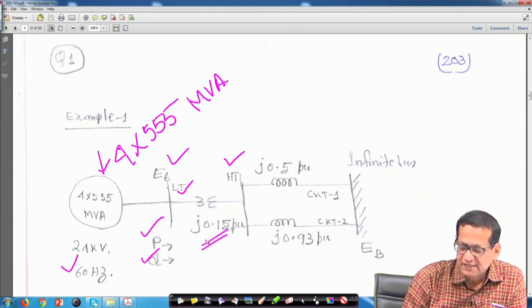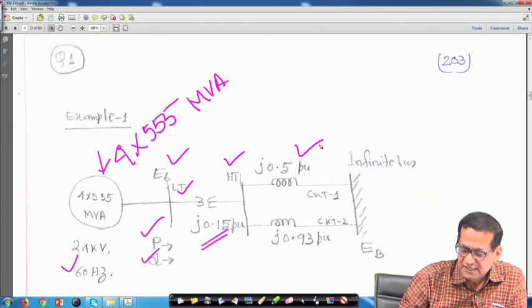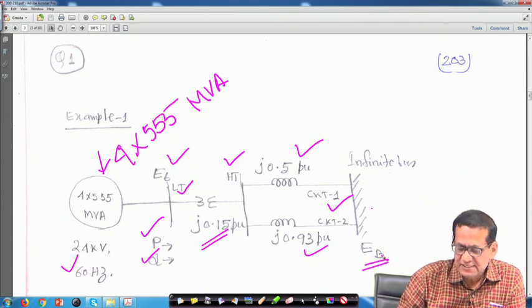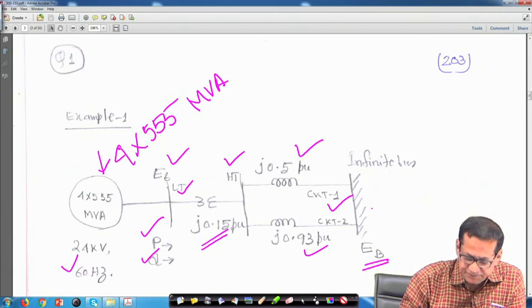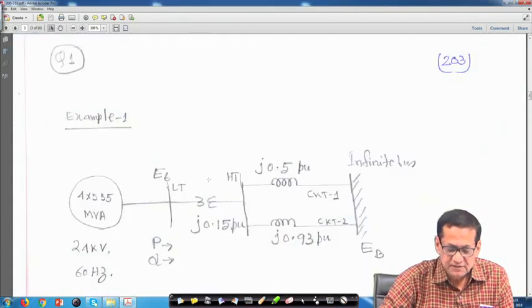This is a double circuit line, with J 0.5 per unit reactance for circuit 1 and J 0.93 per unit for circuit 2, and this is the infinite bus, with voltage E b. So, now the problem is given like this.